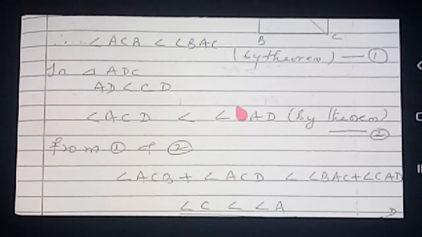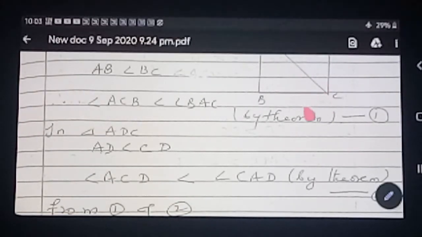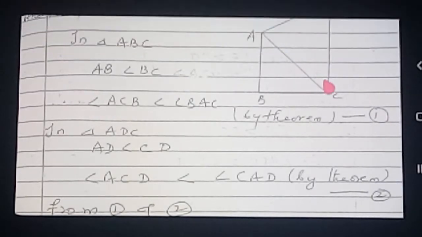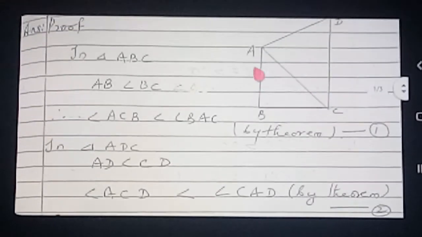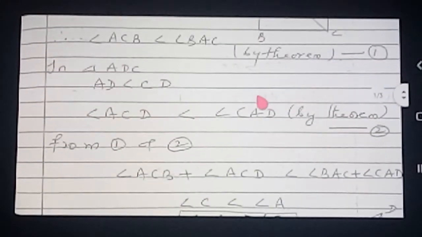ACB plus ACD, we can see in the diagram: ACB is this one and ACD is this angle. So what is the total angle coming? Angle C. Similarly, BAC plus CAD is this angle A.